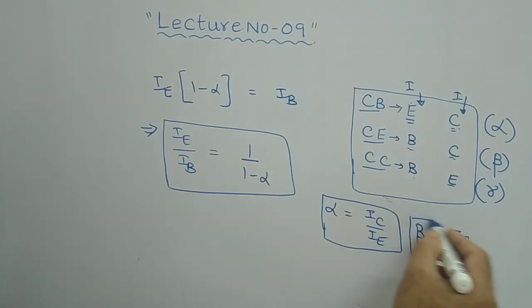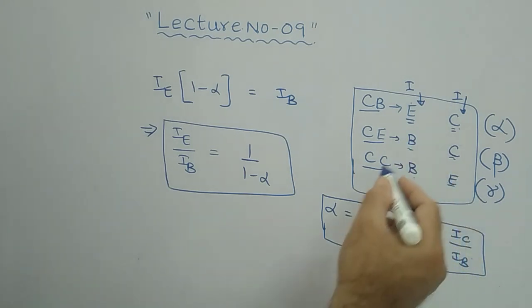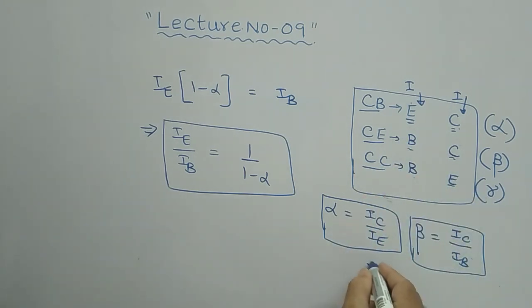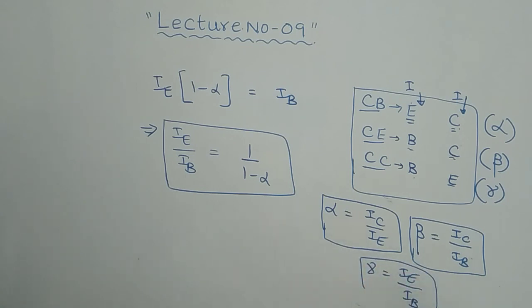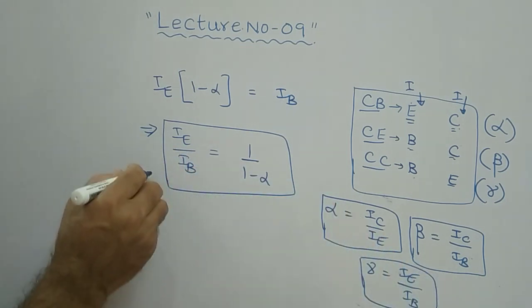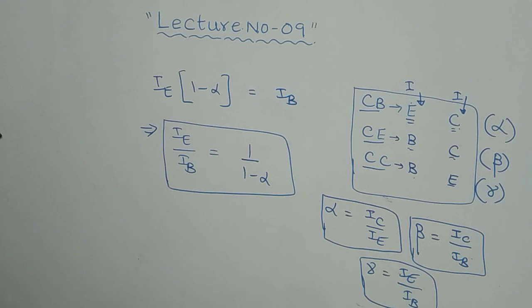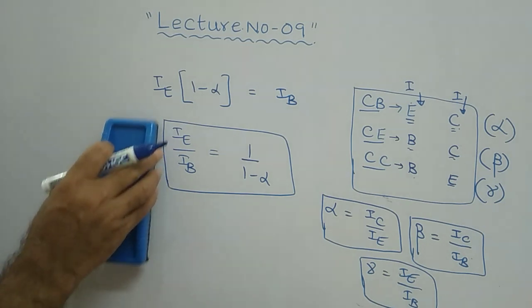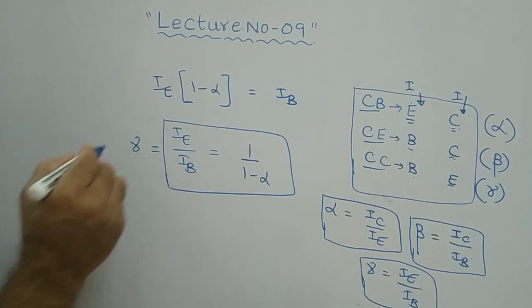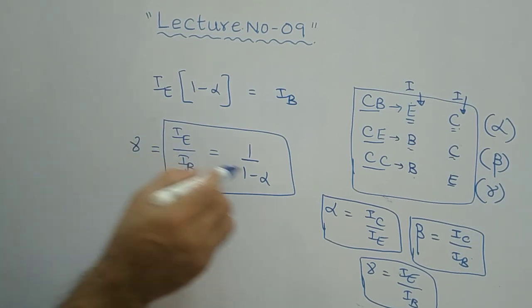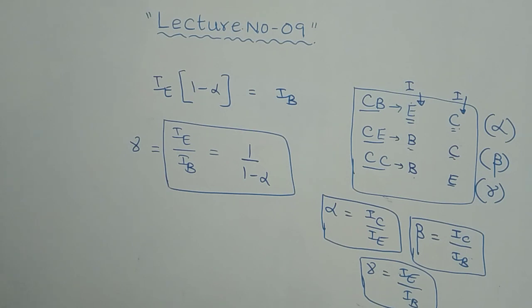Whereas in common collector it is gamma, the emitter current IE by the base current IB. So this IE by IB is nothing but your gamma. Therefore, gamma is equal to 1 by 1 minus alpha. This is one relation.